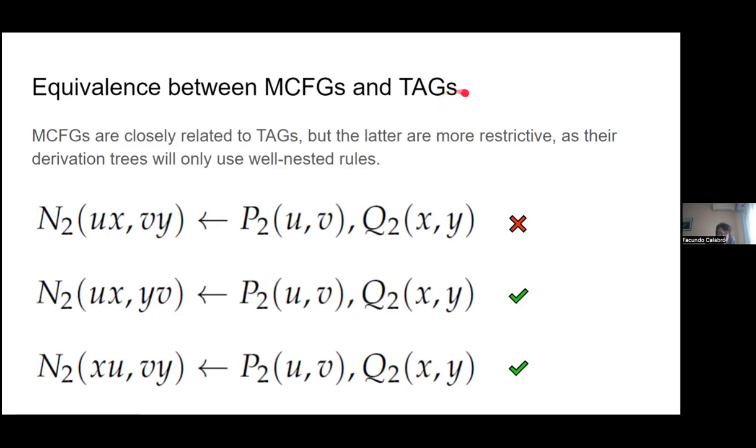But TAGs are more restrictive in that they only use well-nested rules like this one, and not this one, because we need rules where each pair of strings don't overlap, but rather are nested one within the other, like this and like this. So with this restriction that Clark poses, MCFGs become weakly equivalent.